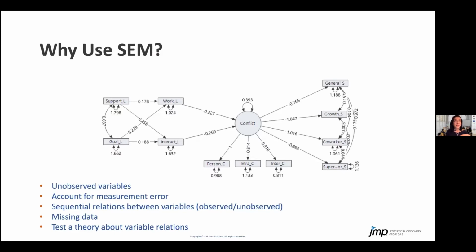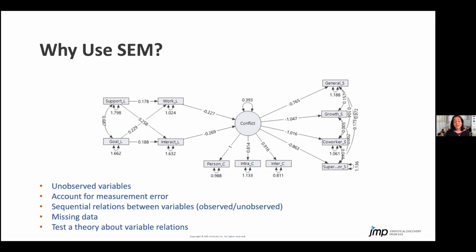In other words, even if you have a simple linear regression, if you have one missing value on one variable, the whole row is going to be dropped out of the analysis, right? It's not going to be taken into consideration. But if you were to estimate that simple linear regression in SEM, you're actually able to use all of the data that are available. So no full rows are going to be dropped out. And that in and of itself is a big advantage.